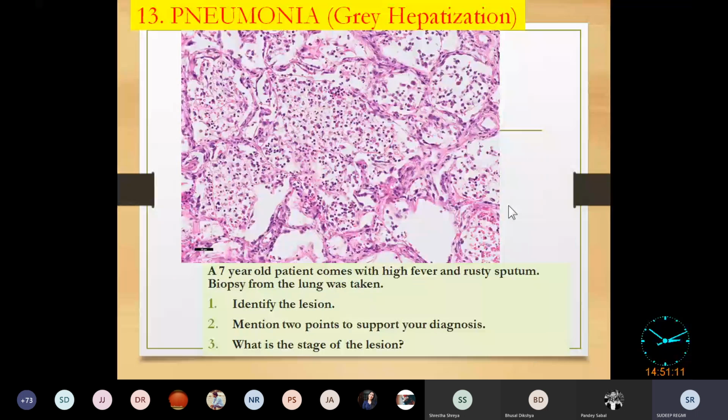Please describe this slide. Sir, it is a section from the lung tissue.